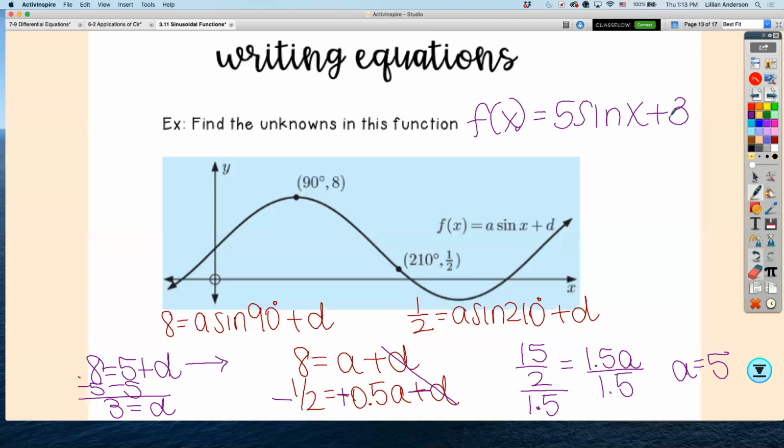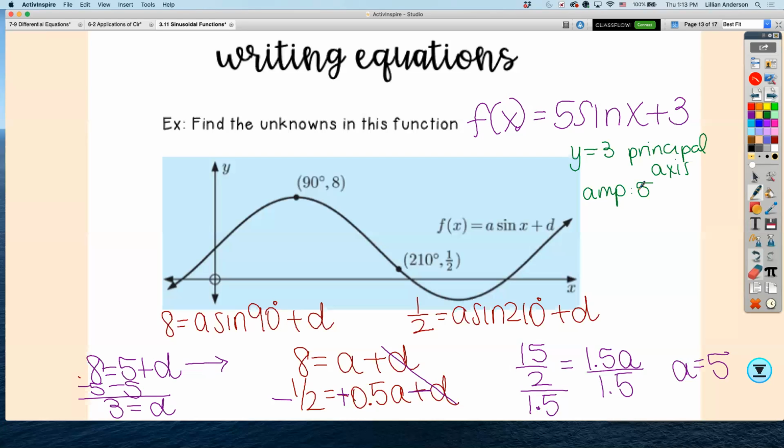That means my principal axis is where? Y equals 3. And my amplitude is 5. What was B in this problem?